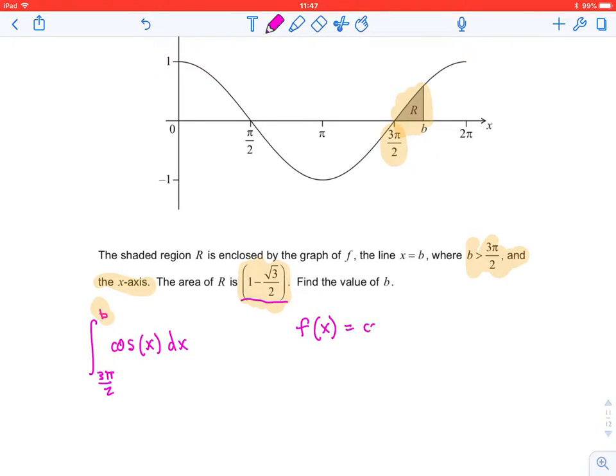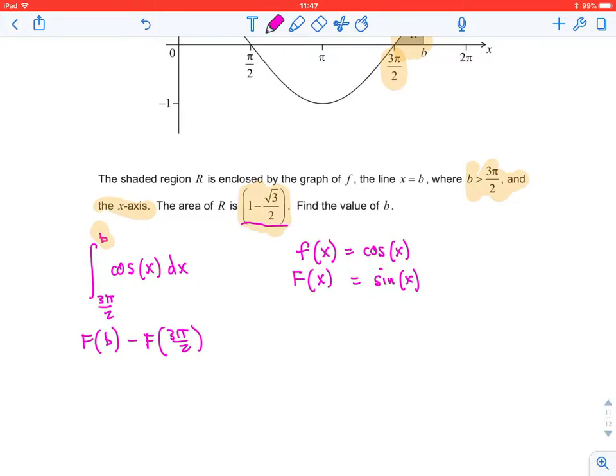If f of x is cosine of x, then we know our antiderivative F of x is going to be sine of x. And so to evaluate this integral, we're going to evaluate our antiderivative at b and subtract the antiderivative evaluated at 3 pi over 2.